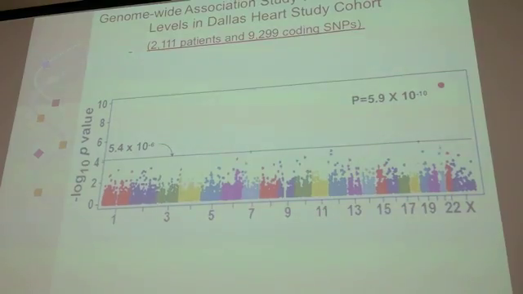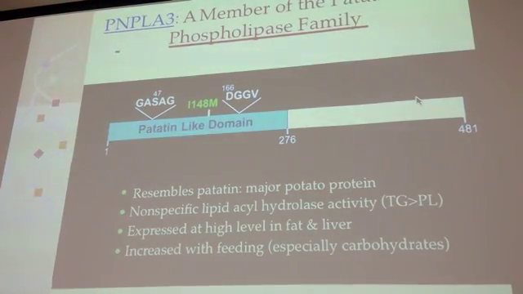The amount of triglyceride in the liver is important, because if there's too much, it can lead to fatty liver. We'll discuss that later, of course. And it can also promote the secretion of triglyceride into the blood. So here we have patients with something that just jumped up off scale on this chromosome 22 that was highly associated with liver fat.